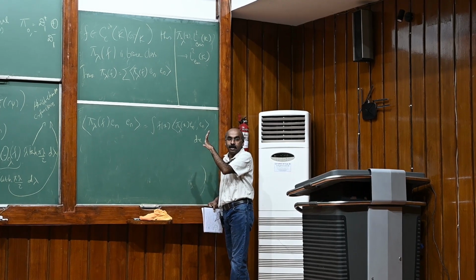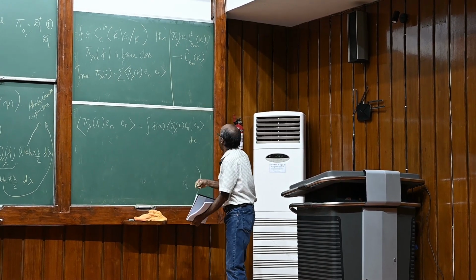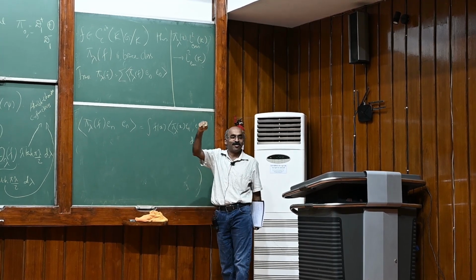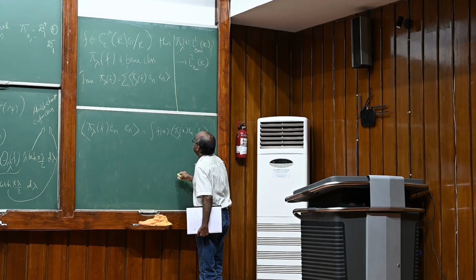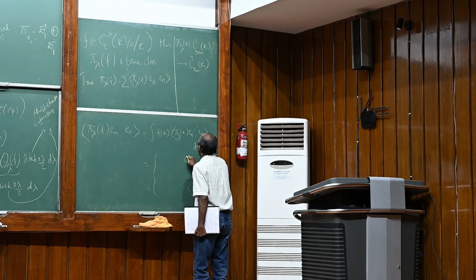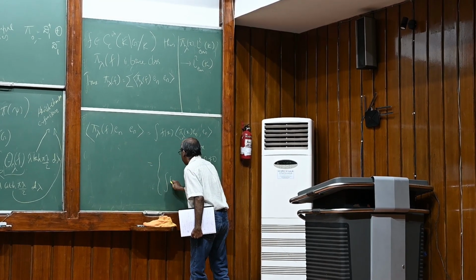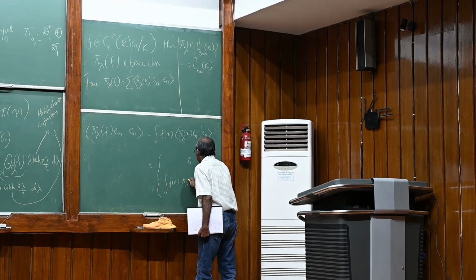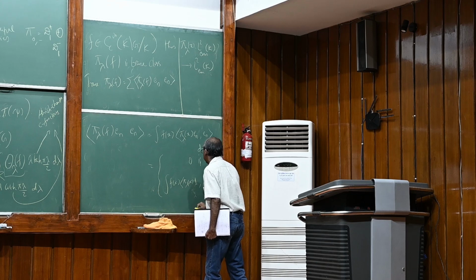So this is 0 if n is not equal to 0. Otherwise, it is the integral of f(x) π_λ(x) acting on the constant function 1, in the product with the constant.